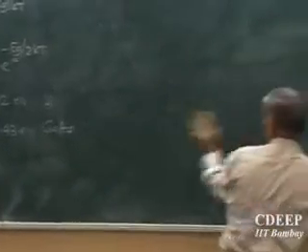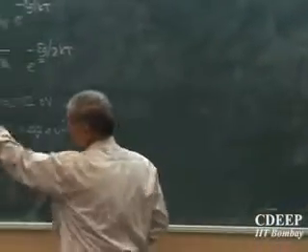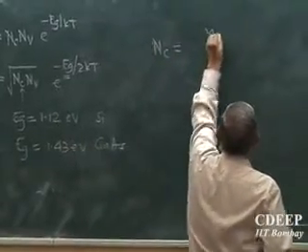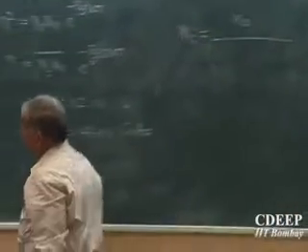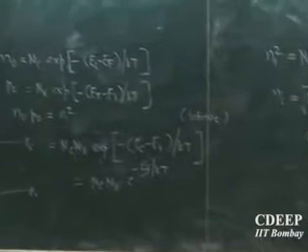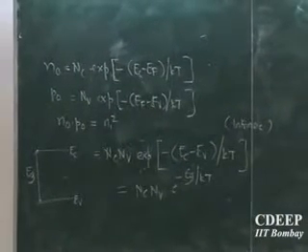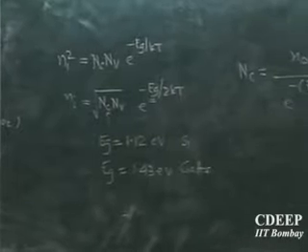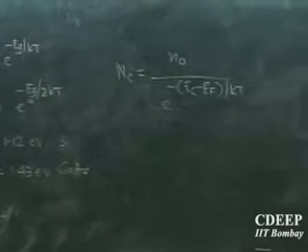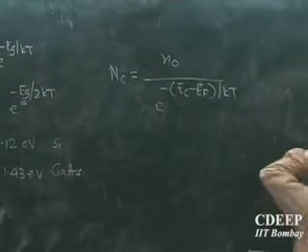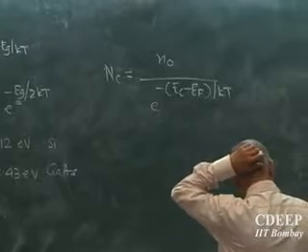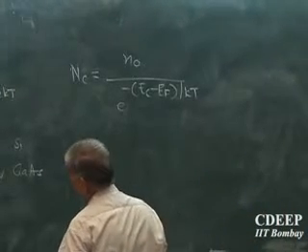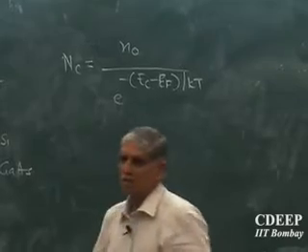Okay, so now let's look very carefully at this first expression, and I rewrite n0 is equal to Nc divided by e to the power minus (Ec minus Ef) by kT.